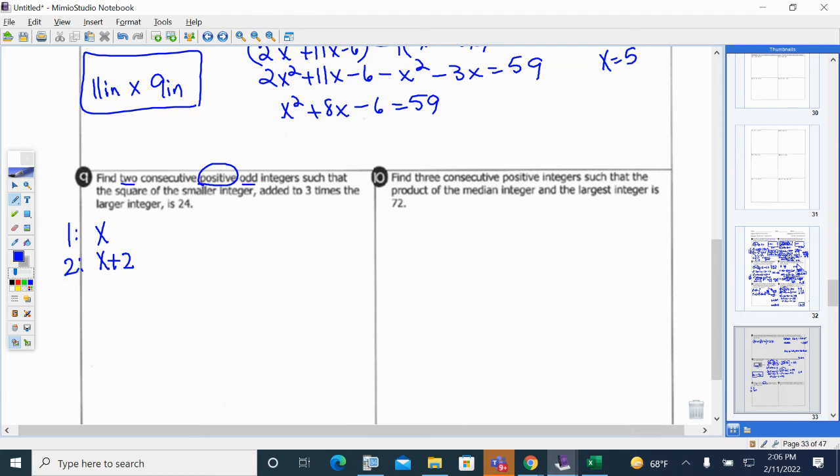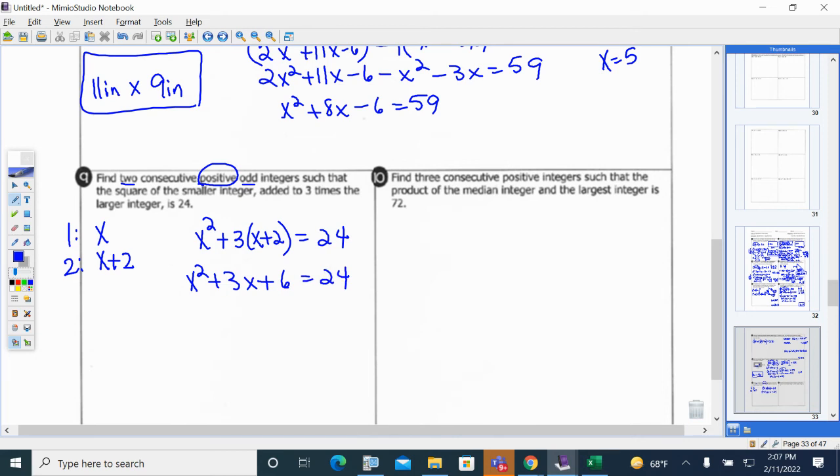Again, the first one's always x, and the next one is x plus 2, such that the square of the smaller added to 3 times the larger is 24. So just clean this up. x squared plus 3x plus 6 equals 24.